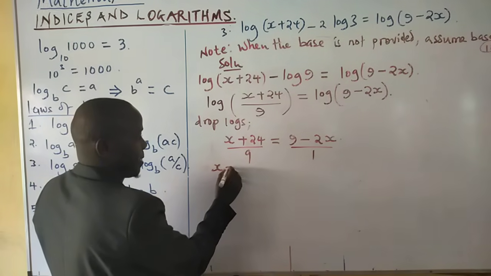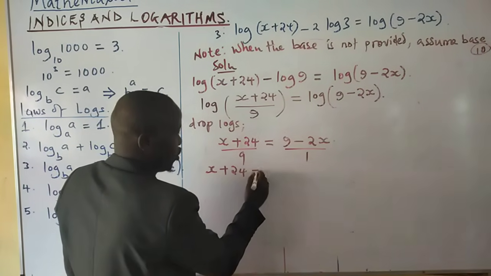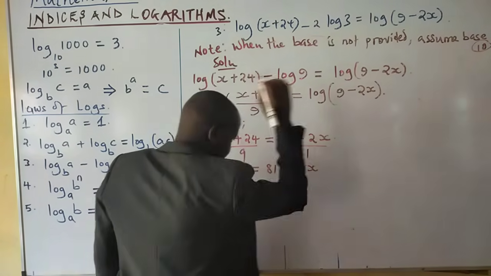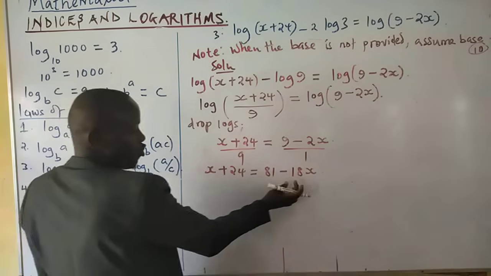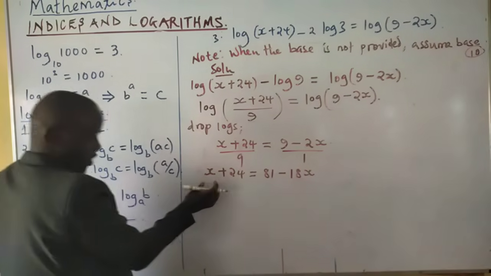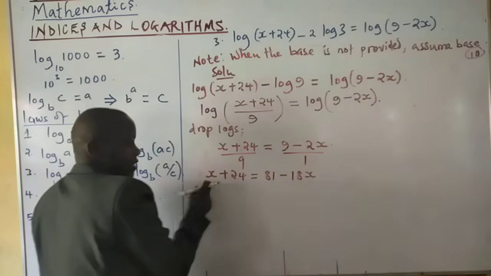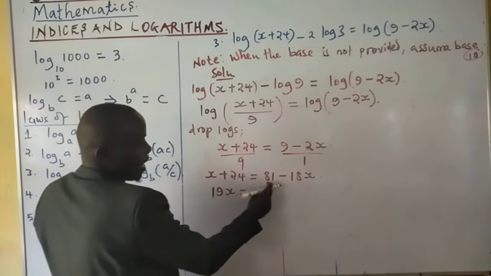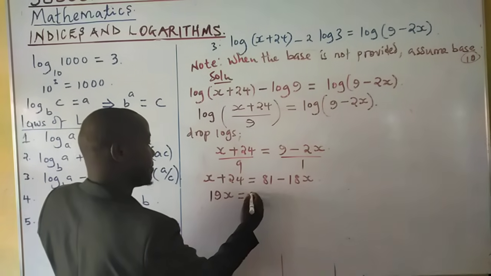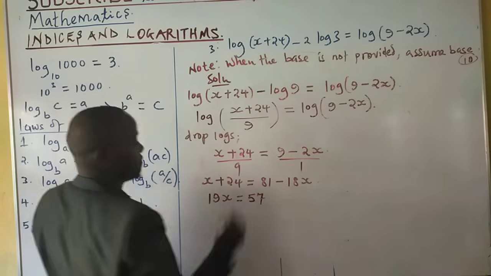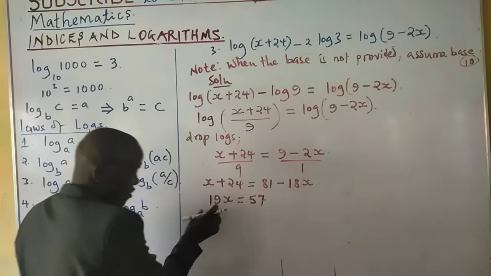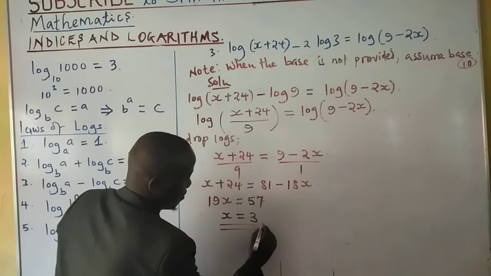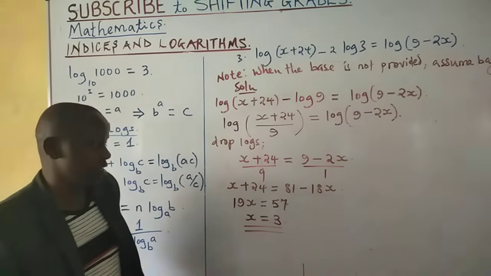So this one becomes x plus 24 is equal to 81 minus 18x. So when we group like terms together, you find 18x brought to this side becomes positive. X plus 18x becomes 19x. Then this is 81 minus 24, it becomes 57. Therefore, when you divide through by 19, x will be 3. And that is how the question is approached.